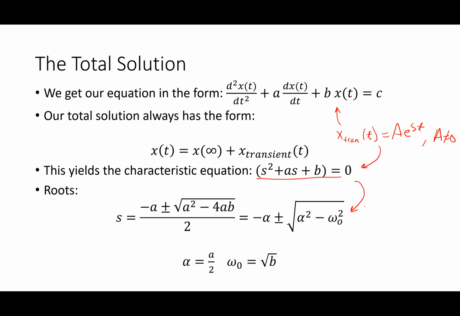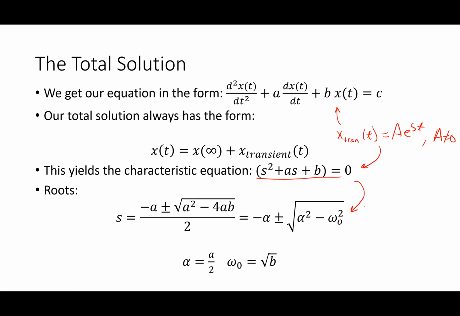Now, what I have done here is basically created a formula that says there are two terms in here: alpha and omega naught. If I take the square root of some number, everything's fine and good if the thing I'm taking the square root of is positive.